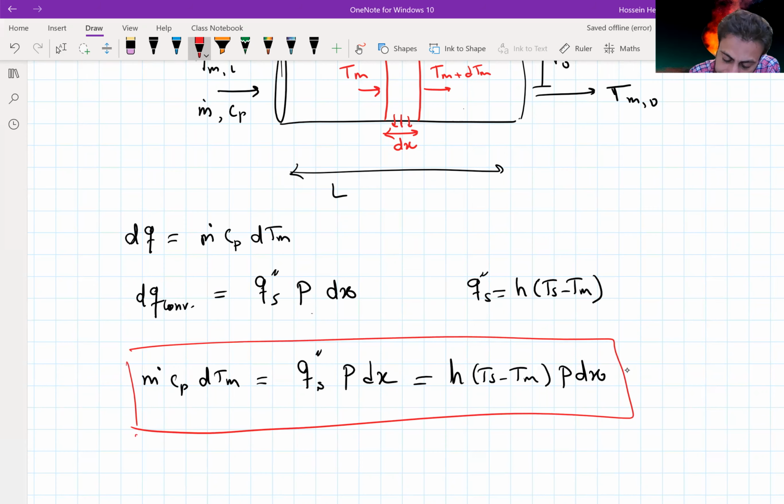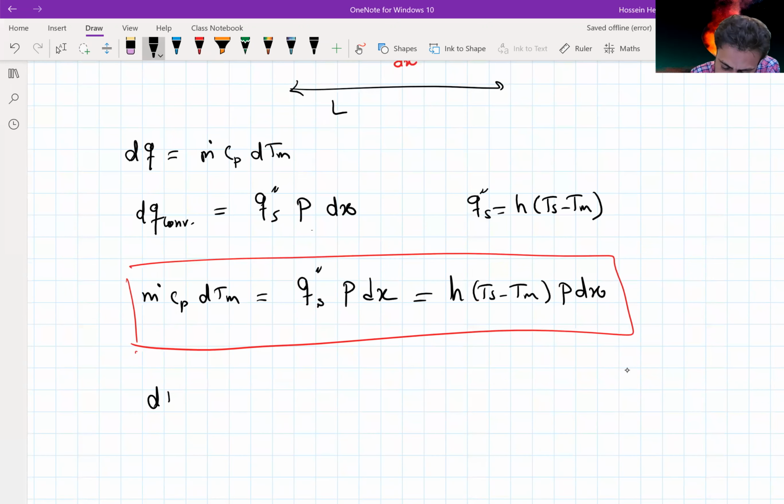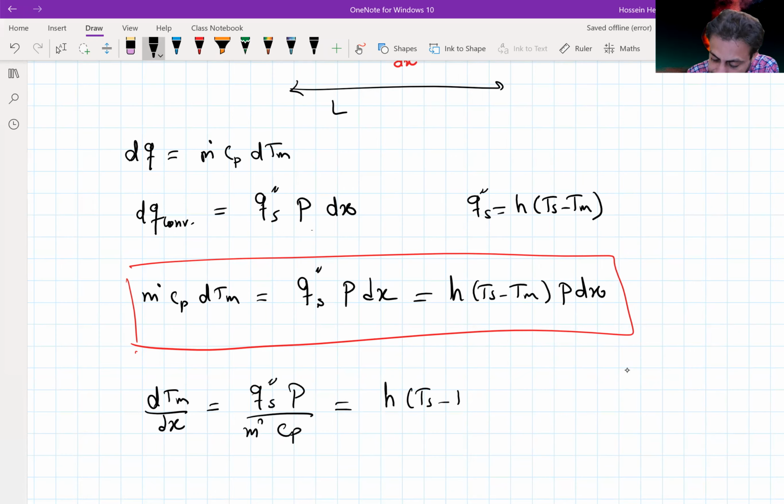My goal here is to find the variation of the mean temperature Tm as a function of x. With a small rearrangement, dTm over dx is q double prime s P divided by m dot cp, which equals h (Ts minus Tm) P divided by m dot cp. There should be a P here.